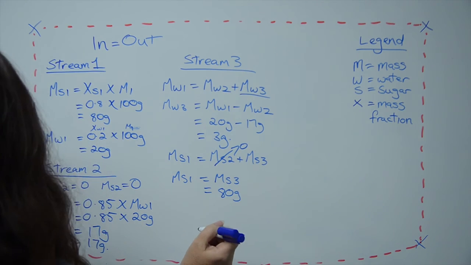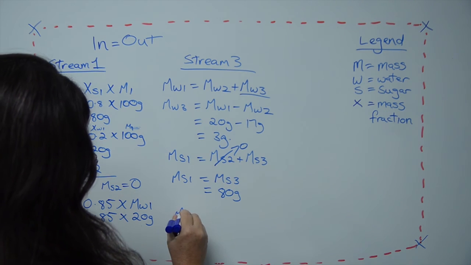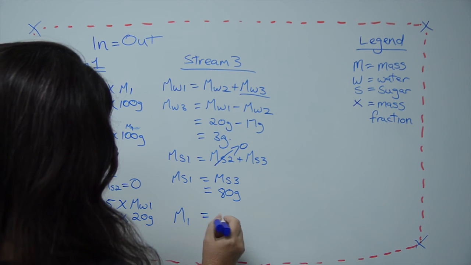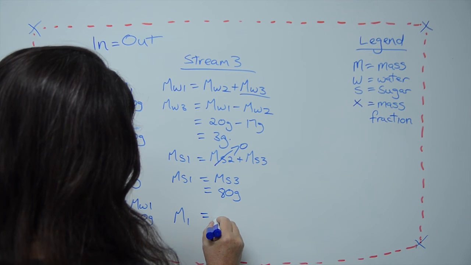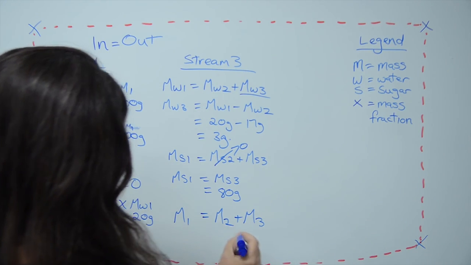So let's finally do the overall mass balance, where we have M1 is equal to M2 plus M3.